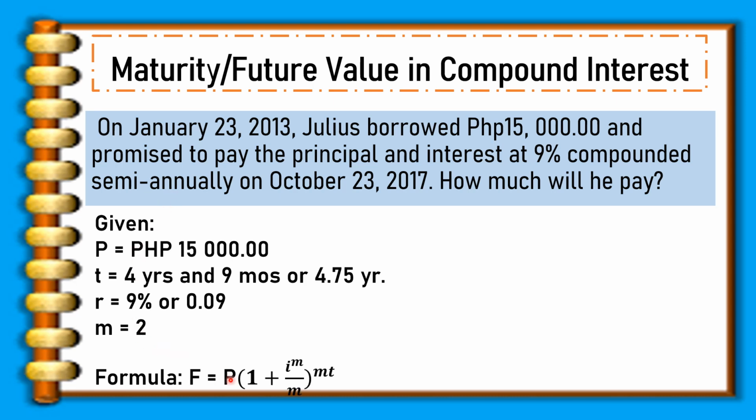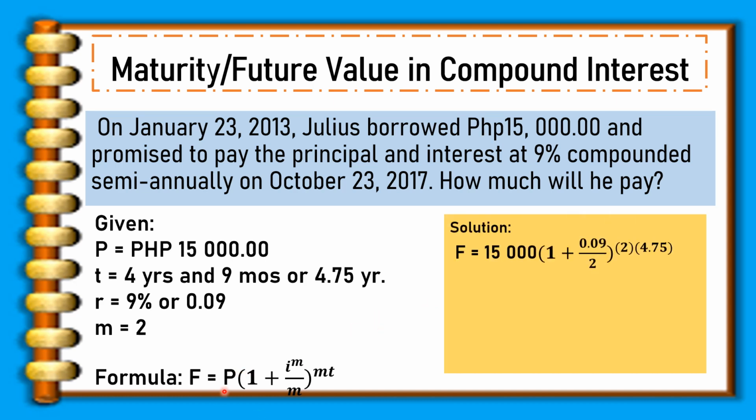The formula to be used is the same as the formula that we have last time. So replace P by 15,000, i raised to m by 0.09, m by 2, m by 2, and t by 4.75 years.